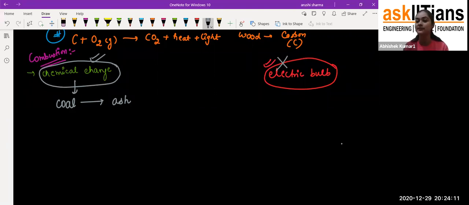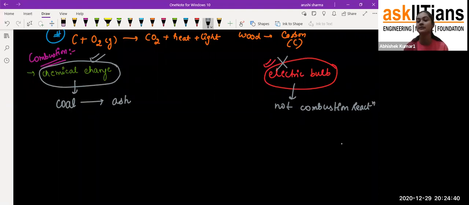But in the case of the electric bulb, the bulb is not going to convert into anything. When you turn off the light, it just gets turned off and you are not getting any heat or light from it, and you are not getting any other product either. So it is not a combustion reaction.